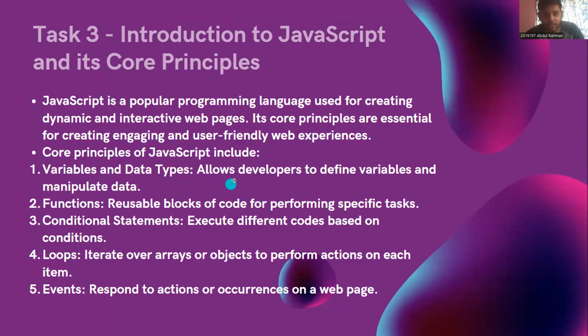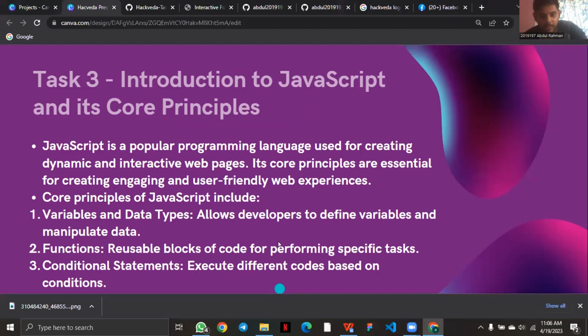Variables and data types allow developers to define variables and manipulate data. Functions are reusable blocks of code which perform specific tasks, and conditional statements are used to execute different code based on conditions, and loops iterate over arrays or objects to perform an action on each item.